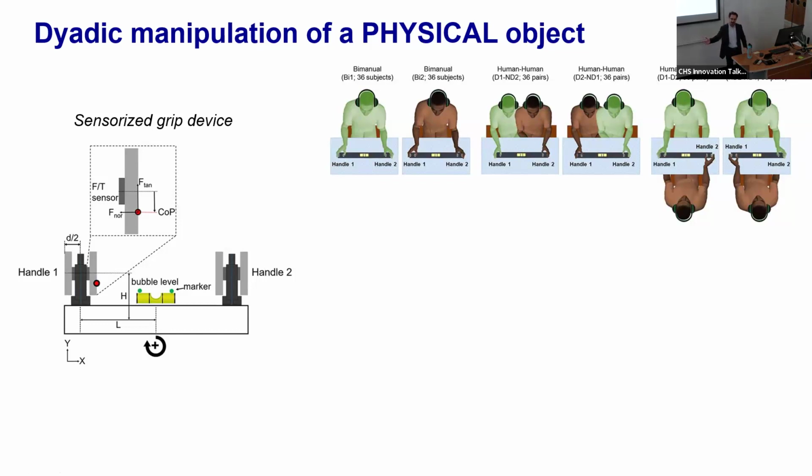The non-dominant limb for right-hand dominant subjects is better at feedback and static control. So we did these different configurations of the subjects so that either one of them is dominant, one of them is non-dominant, and vice versa, or both of them use the dominant hand, or both of them use the non-dominant hand.